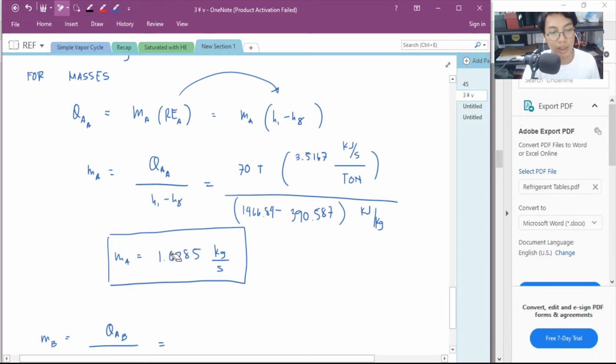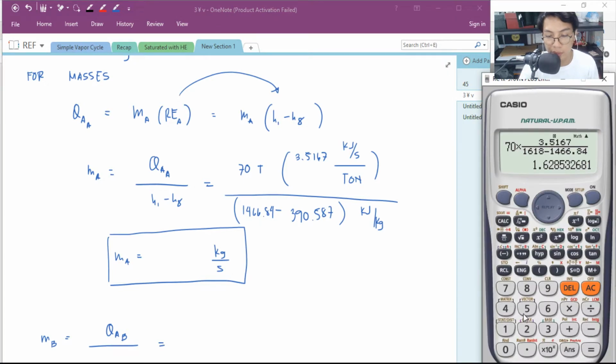So, just be careful pag titingin mo ng value. Kahit ako, nagkakamali.